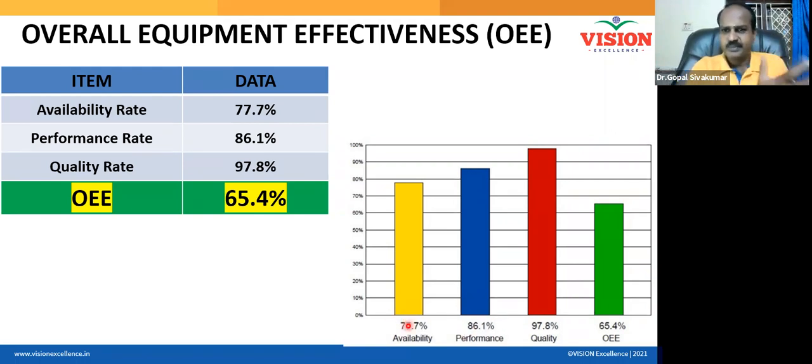Availability means the equipment is frequently undergoing failures. There are breakdowns. So probably TPM can be used as a tool. So here TPM comes into the picture to improve the availability of the equipment, and to improve the performance, we focus on cycle time reduction, and to improve the quality, we focus on a DMAIC project, a Six Sigma project.